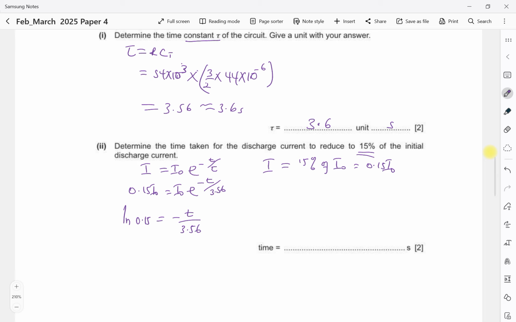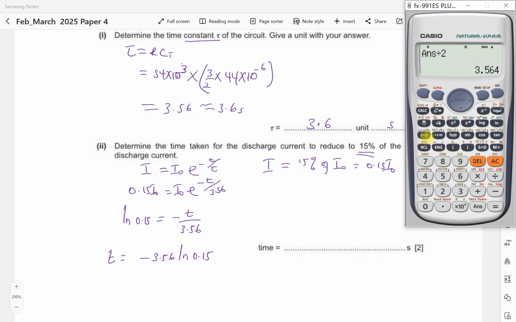Alternatively, you could have that t is equal to negative 3.56 ln of 0.15.